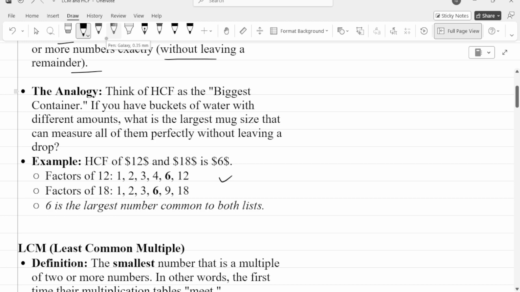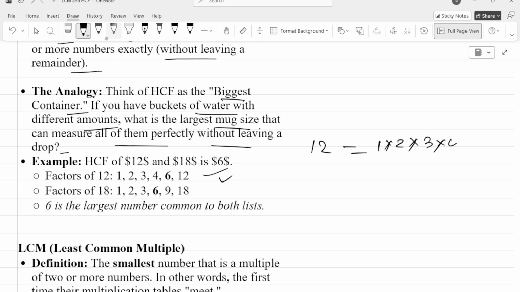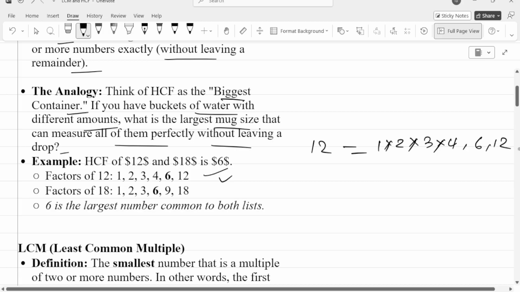The analogy: think of HCF as the biggest container. If we have buckets of water with different amounts, what is the largest mug size that can measure all of them perfectly without leaving a drop? For example, I have 12, and its factors are 1, 2, 3, 4, 6, 12.